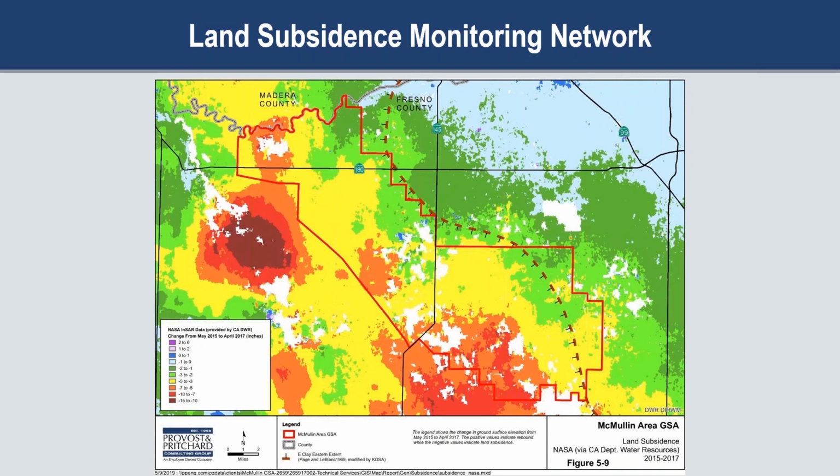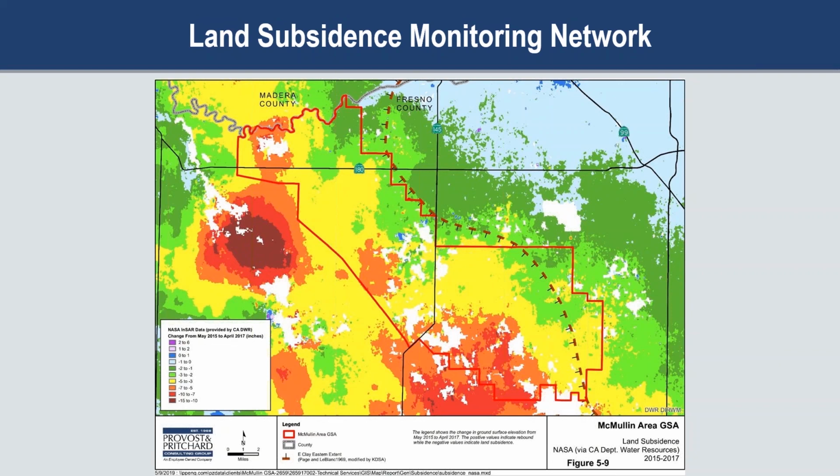So between the two, we can verify both data sets, but NASA, since it's using satellites to determine the land subsidence within the area, gives us a better picture of what's happening within MAGSA as a whole. So in this graph, the dashed line along the eastern edge of MAGSA is the extent of the Corcoran clay.